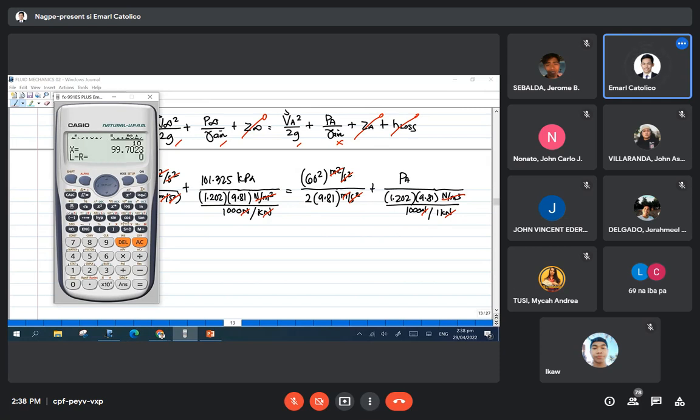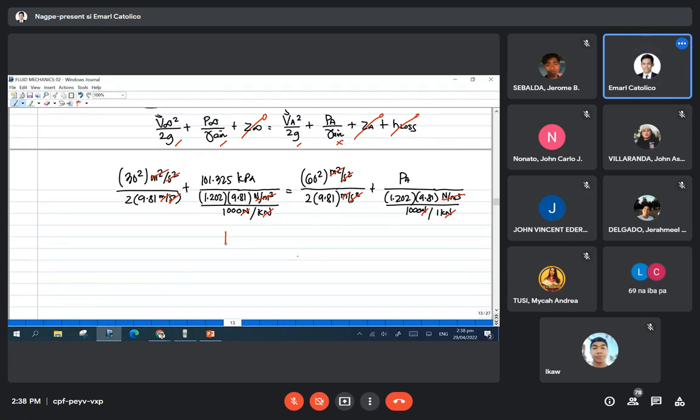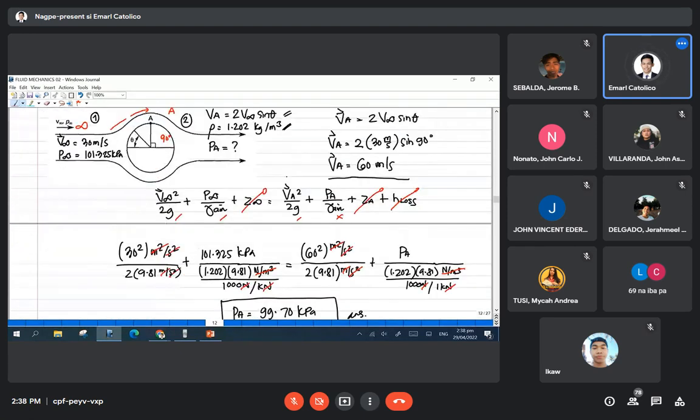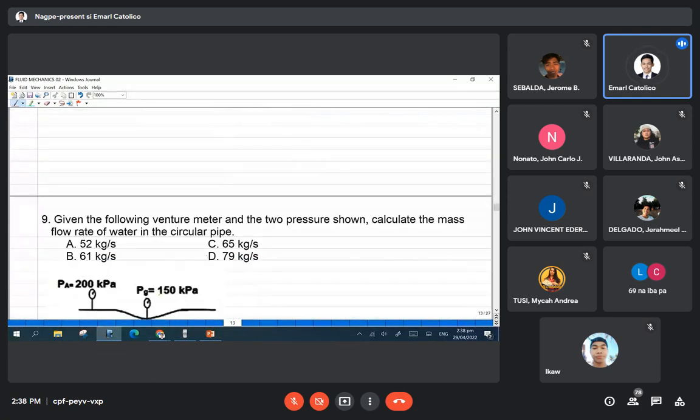Shift solve. Makuha natin yung pressure. Pressure is equals to 99.70 kilopascal. Check natin sa choices. So letter D. Diba? Ang dali lang pag mga Bernoulli's equation. Okay, so next item tayo.